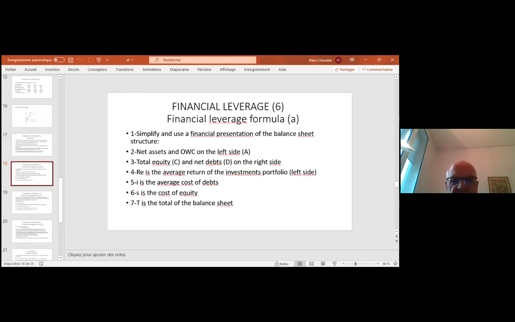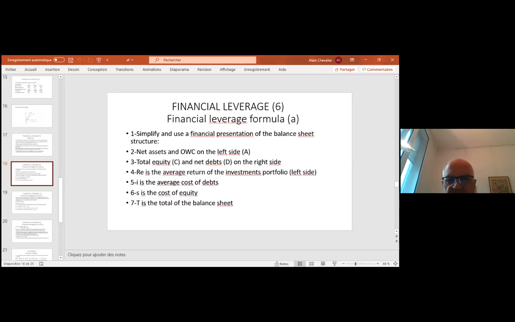Point 4, the average return of the investments portfolio. It means if you consider that the left side now, net assets plus the operating working capital, is the good representation of the portfolio of investment, you call RE, point 4 here, the return.